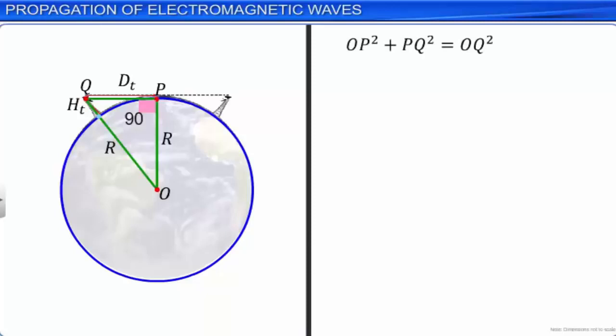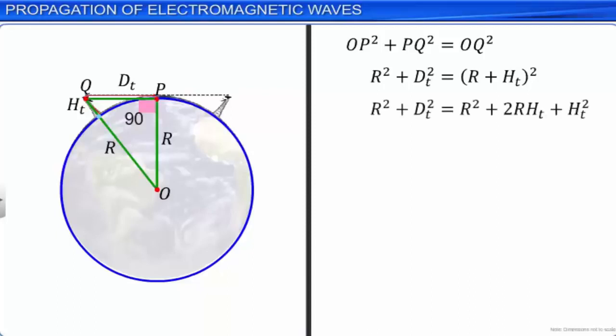This gives R² + dt² = (R + ht)². On simplifying, we get dt² = 2Rht + ht². As ht is much less than R, we neglect the term ht² in the expression.